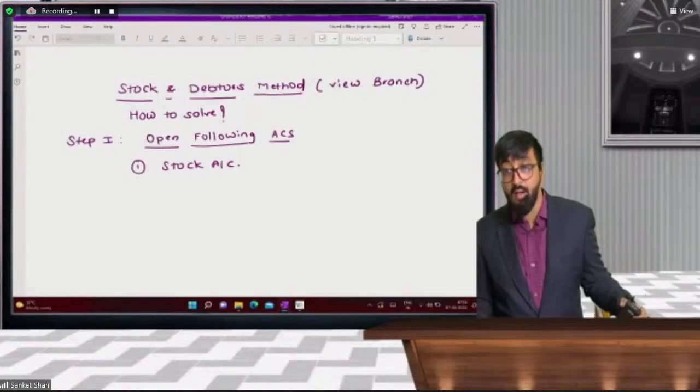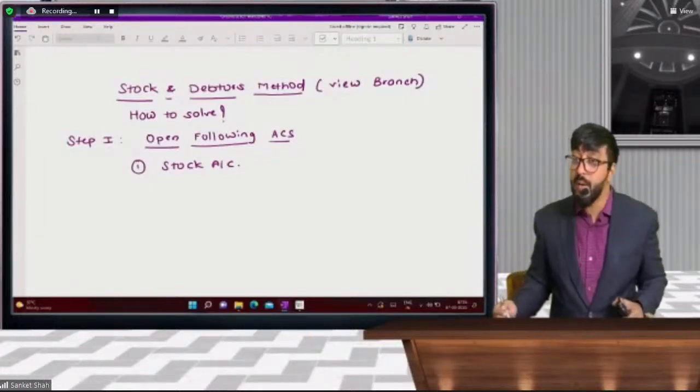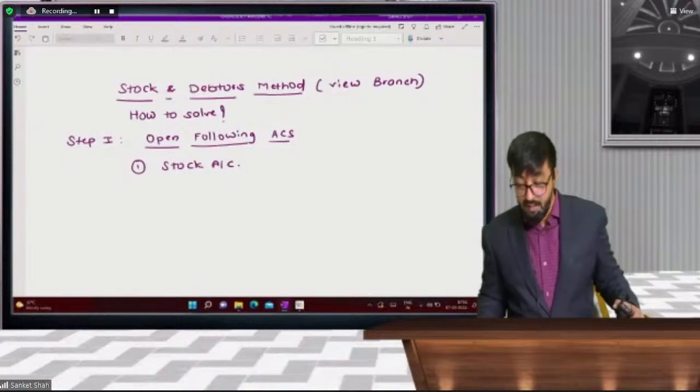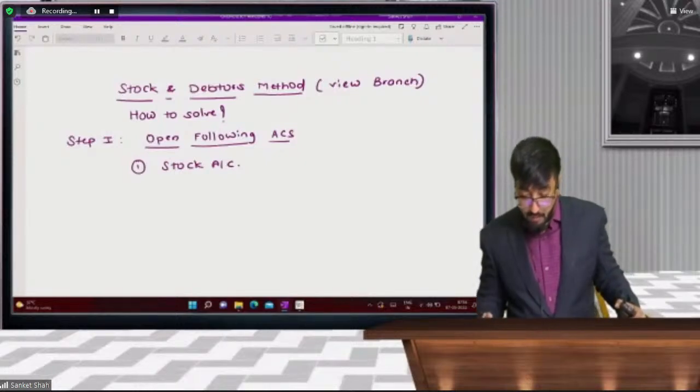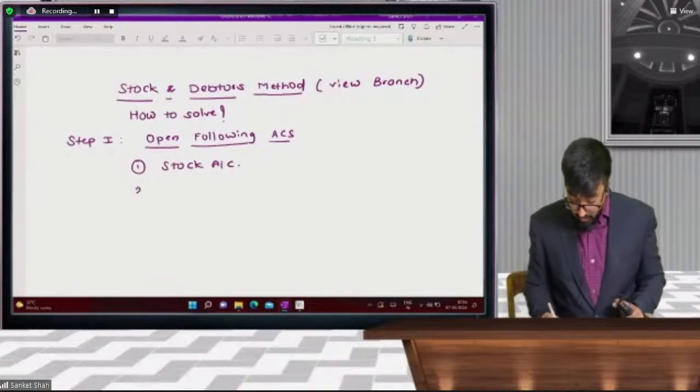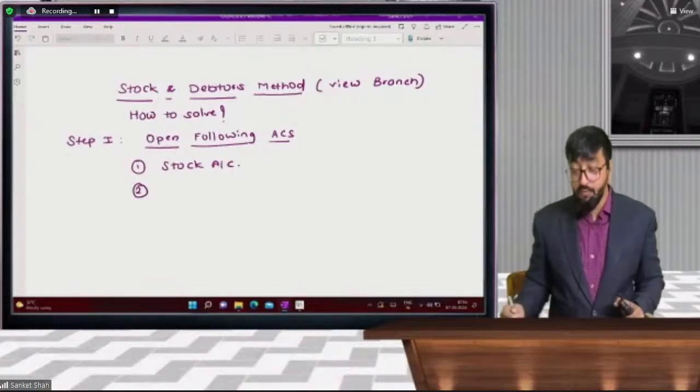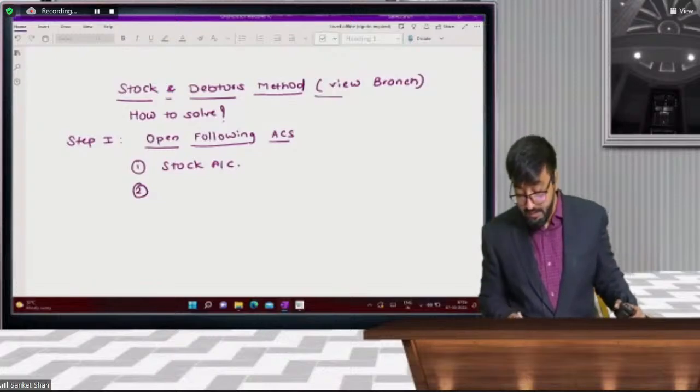First thing, this is Sanket sir's view. Ultimately, books are prepared by HO. Remember, so, stock account: the view is of the branch. This is only Sanket sir's method.